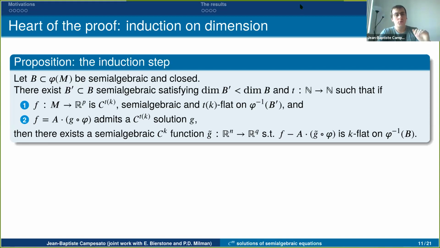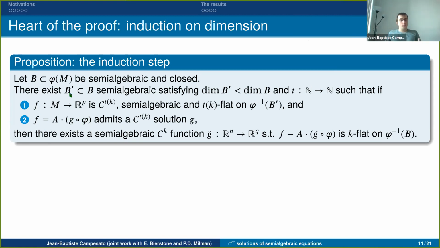So that's going to be a proof by induction on the dimension. Let me recall that we would like to solve an equation of this form: f is equal to a times g composed with phi, and we are going to work above the image of phi.